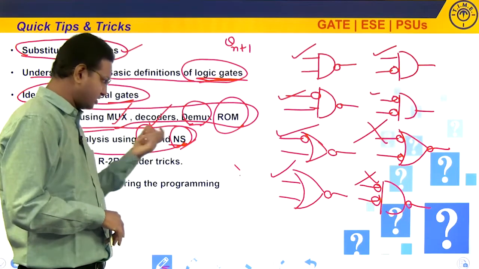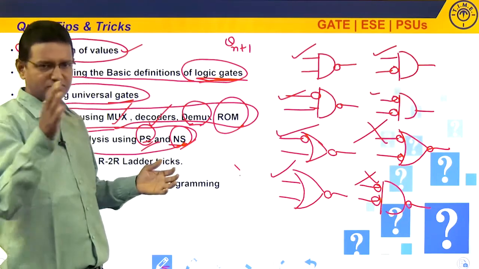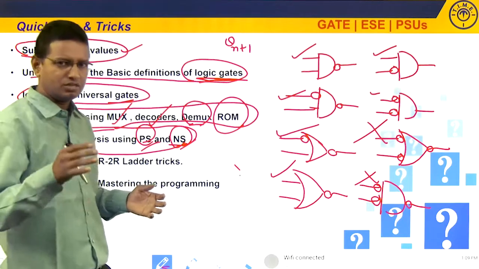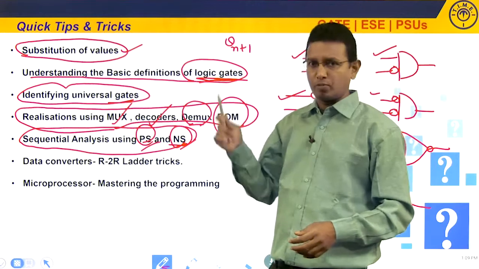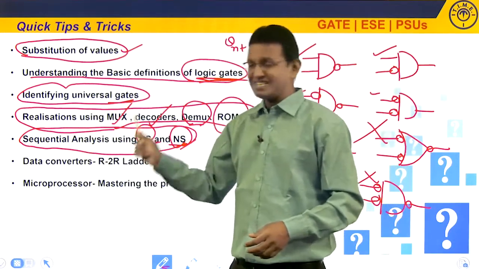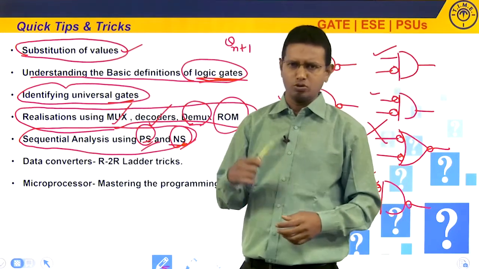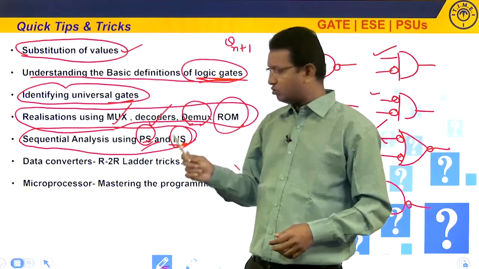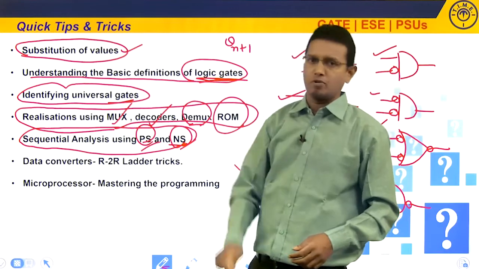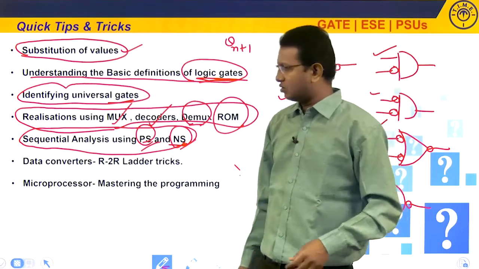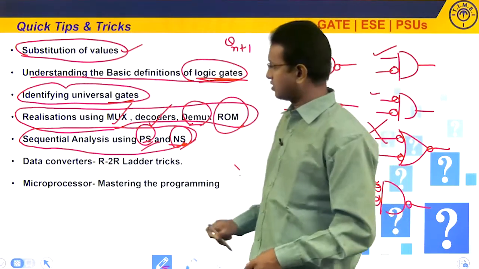If you know the present states and the next states, then you know how the states change with every clock pulse, and you can easily solve the problem. So remember, while doing sequential analysis, always try to get the next state equations, make the table between present states and next states, and solve the problem. This is one of the techniques for solving sequential circuits.